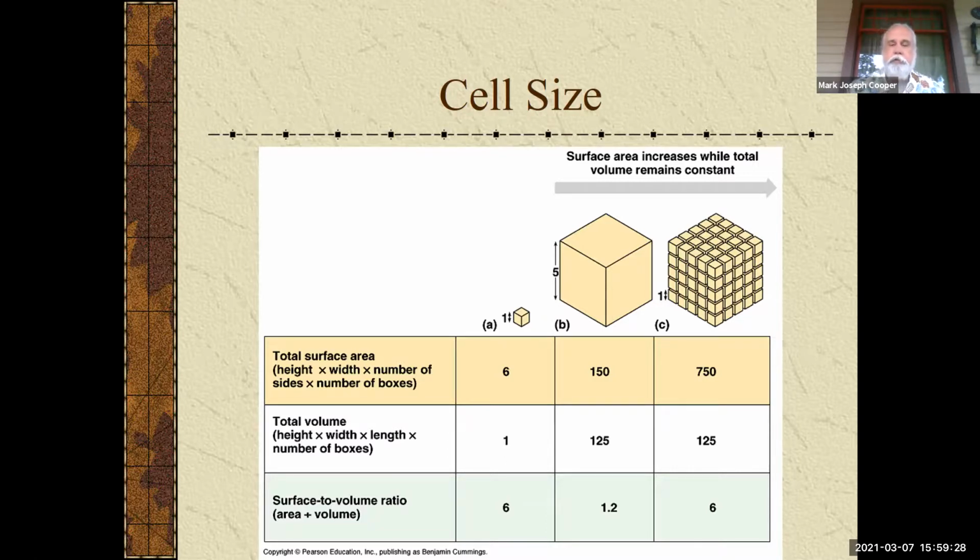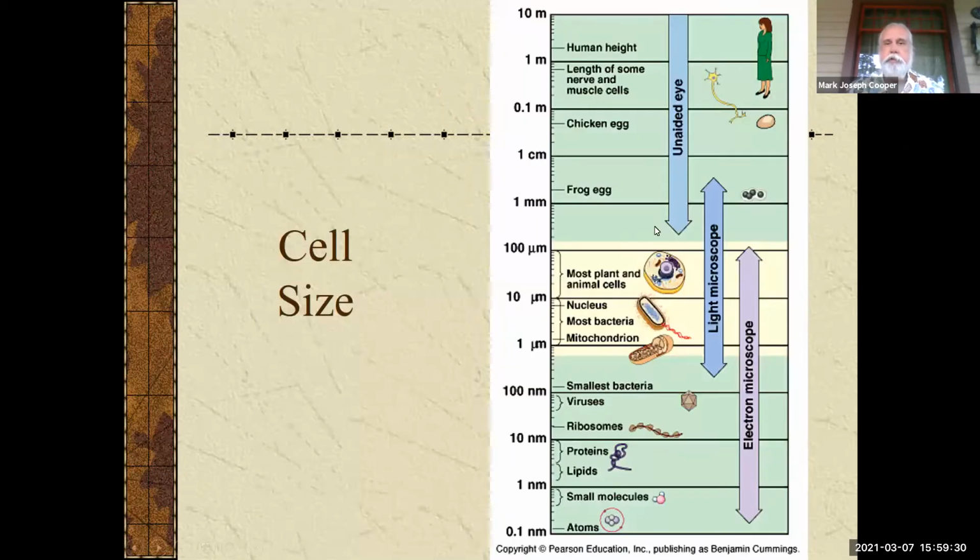I want to go back and think about the ones that are the largest, nerve and muscle cells. They kind of cheat. How they do this is they are long and thin. So although they are bigger, the diffusion can happen sideways here, and that allows things to get into parts of those cells. So it's kind of cheating the system.